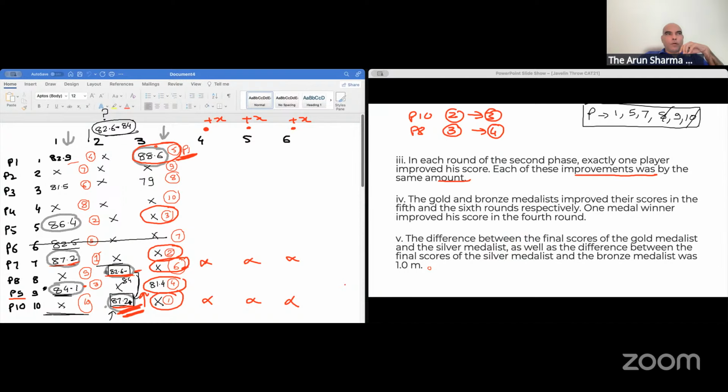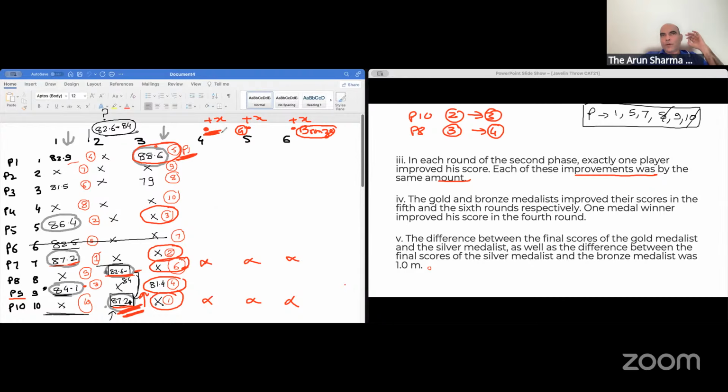So the gold and bronze medal winner, so one in the fifth round. So this growth was for the gold winner, and this growth was for the bronze medal winner, and this growth was for one of the medal winners. So obviously P8 and P10 will not get the growth.